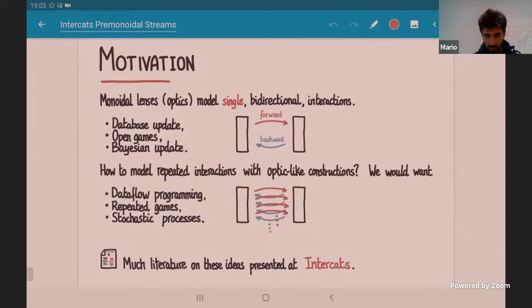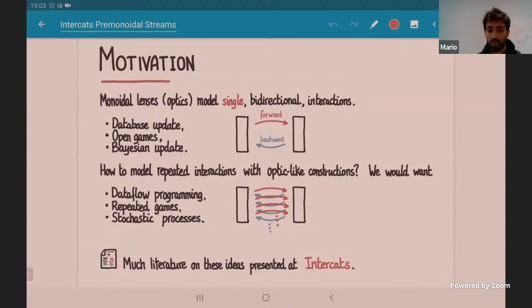And what I'm going to try to do today, explained in a very naive way, is to just try to repeat this interaction. We have a forward part and a backward part. I'm going to just try to do a forward and a backward part followed by a forward and a backward part, and so on. So the things we expect to capture with this structure now are, well, before we were doing programming with some change on the values, now we are going to try to do things like dataflow programming.